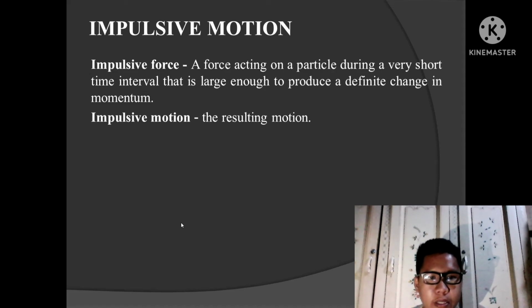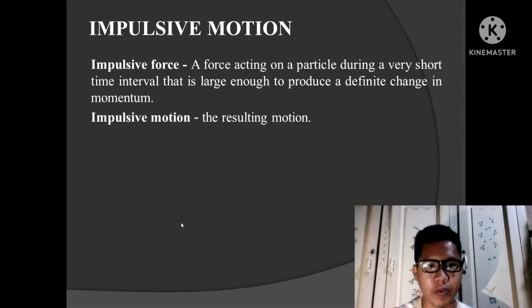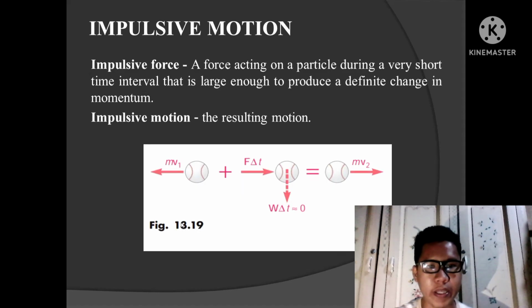The next one is impulsive motion, which is the resulting motion. Impulse is the term used to quantify the effect of a force acting over time to change the momentum of an object. One example is when a baseball is struck. A baseball has a bat and a ball.